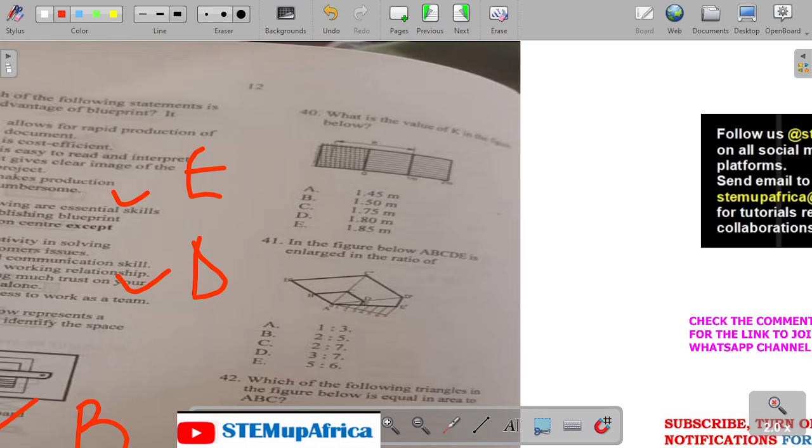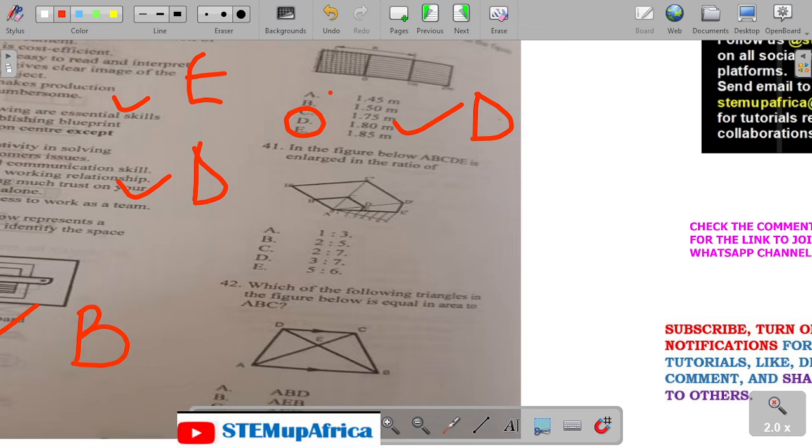Number 40, where we have a diagonal scale. We have 1 meter. Then if you count here, 0, 1, 2, 3, 4. That is 1.80, which is D. Number 41. So the original figure is at 3, then 4, 5, 6, 7.